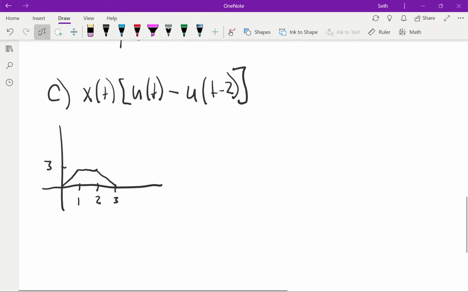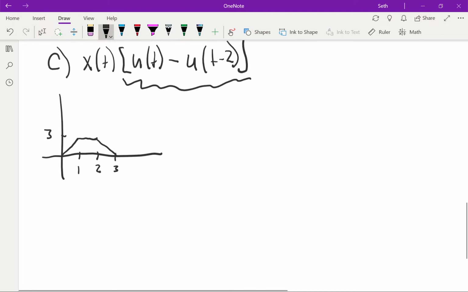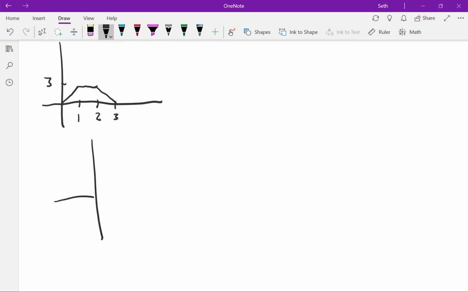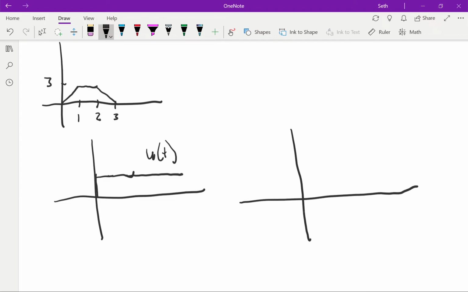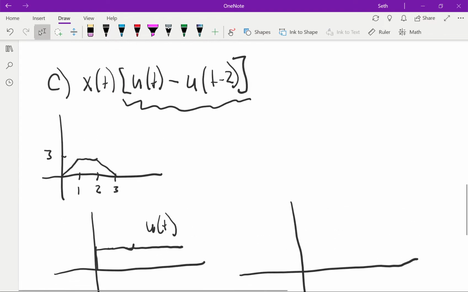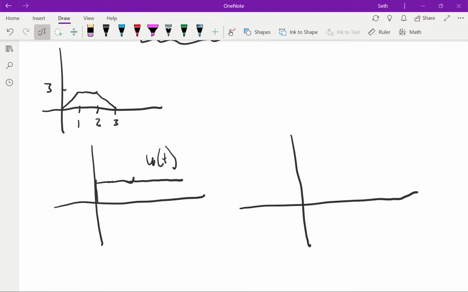Okay, so the first step that we want to do is to find out what this looks like. So this is the unit step, of course. This is u of t. And this is the unit step shifted to the right by 2. This is 1.